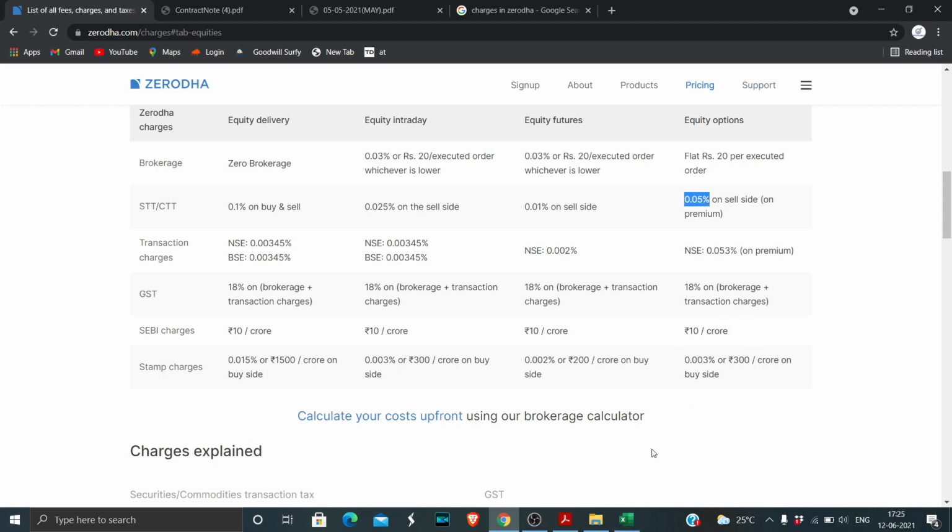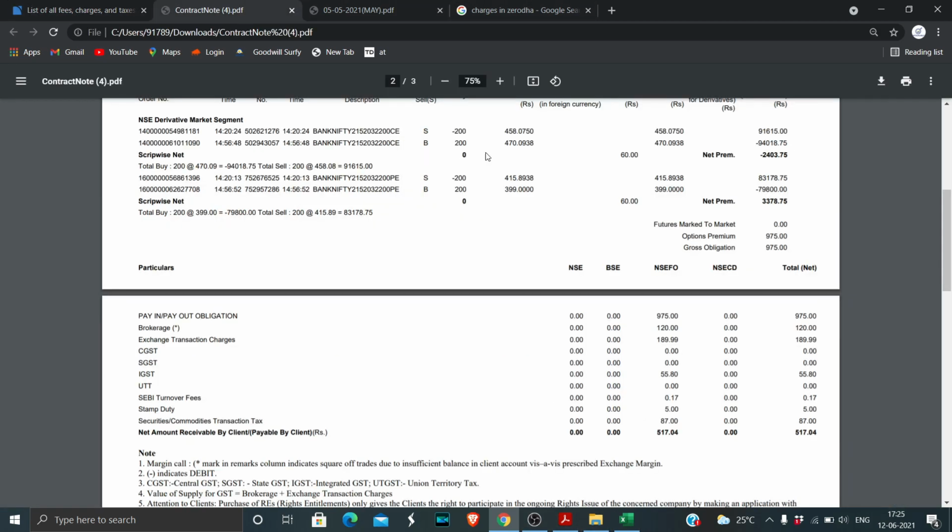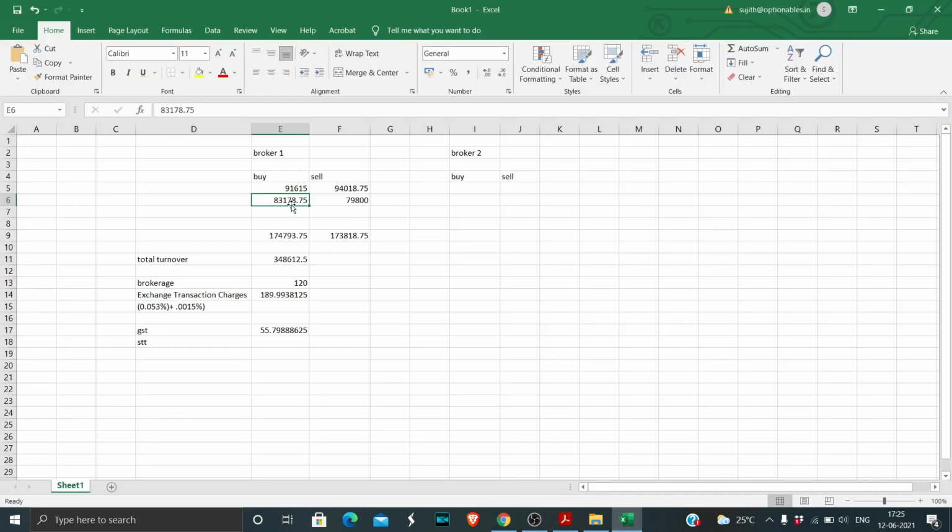So let us analyze it. What we have taken, the sell side will be 91,615 and 83,178, 91 and 83. So this should be sell. This is buy. STT is calculated on this value.